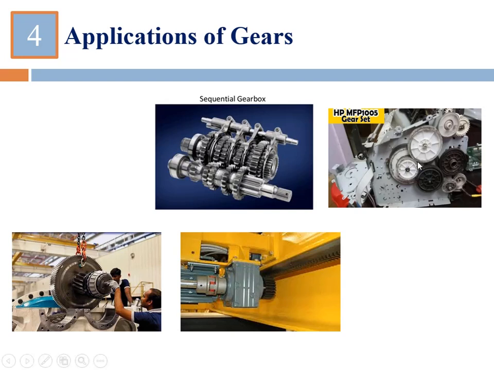Here also you can see this one is a printer, and these are the gears which are used in a printer, but the difference is the material. Here the material is a plastic kind of thing. So you can see different sizes of gears are there, which will give you different speeds at their shafts just because of the difference in the diameter.